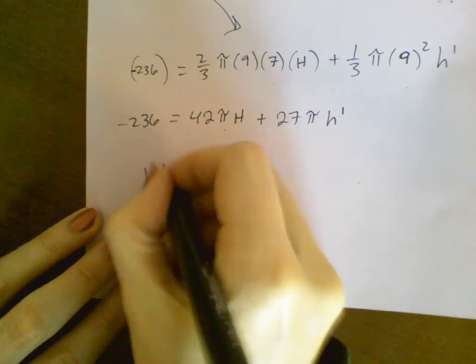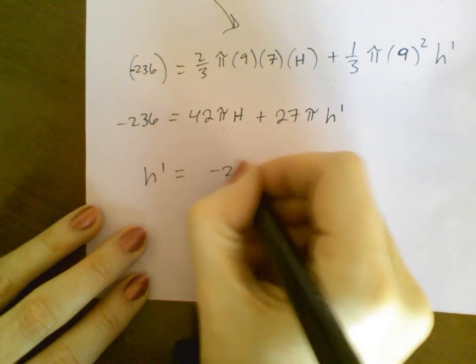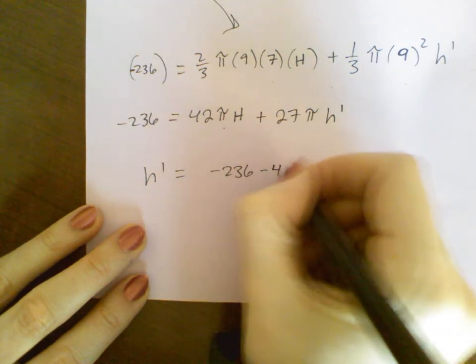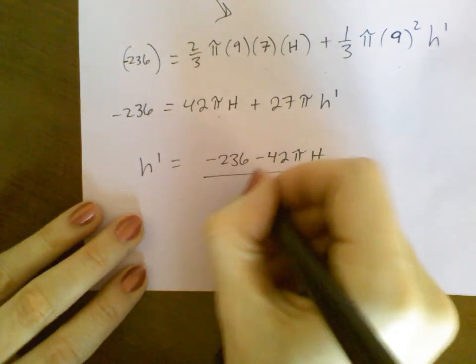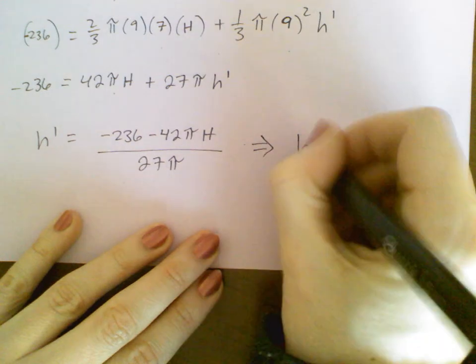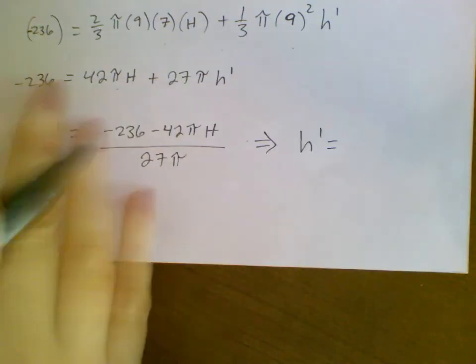So we end up with h prime being negative 236 minus 42 pi h, which is stored in my calculator, all over 27 pi. Now I'm going to plug all that in.